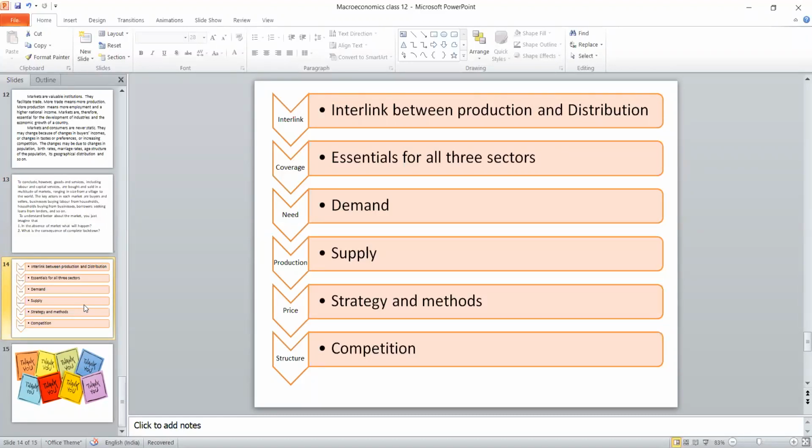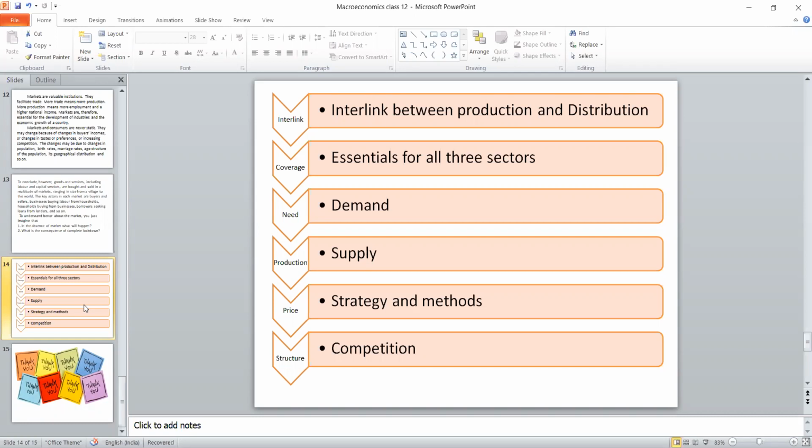The third main factor is the demand of the public. We have a variety of demand, different types of demand. All this demand should be satisfied through supply. How can it happen? Only when there is a presence of the market. That market has extended its scope by giving different market strategies and different methods.